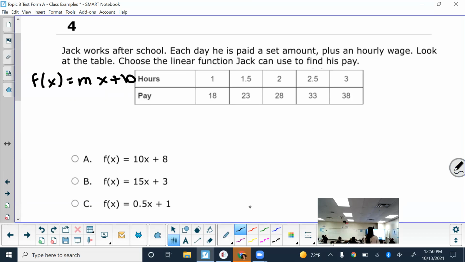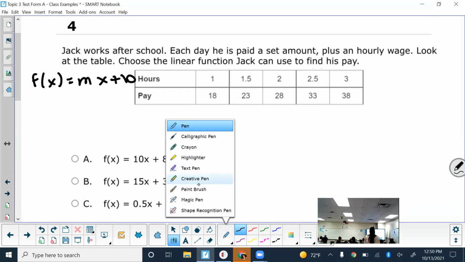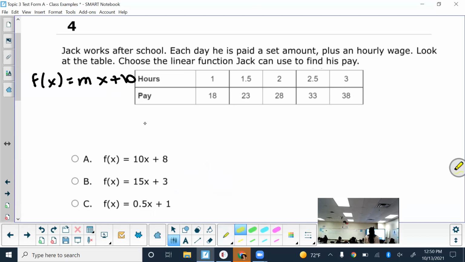Either way, what 2 letters get replaced with numbers? M and B. So I need to solve for M and solve for B, so my slope and my y-intercept. The slope I can figure out first.